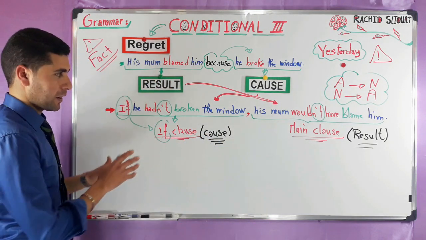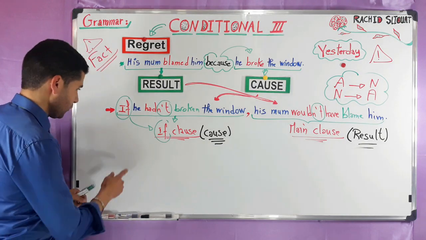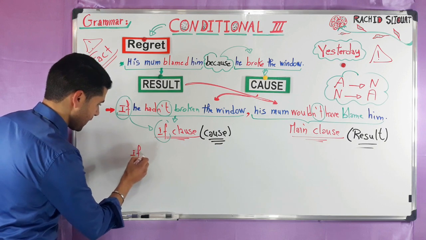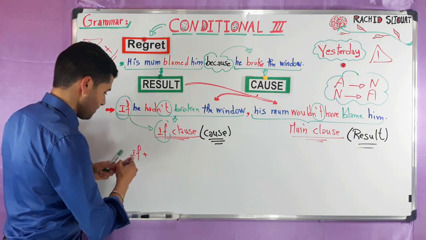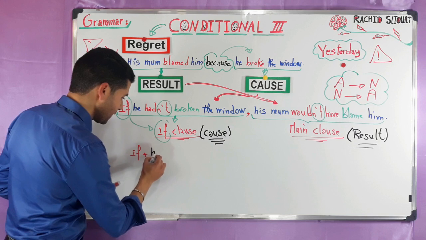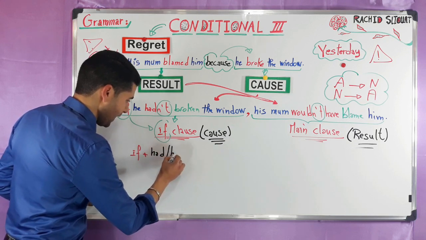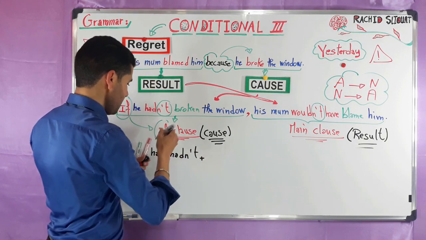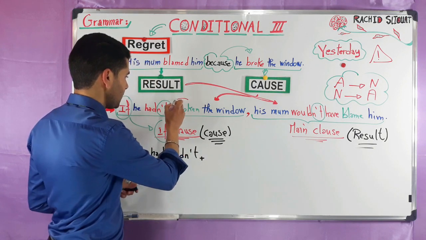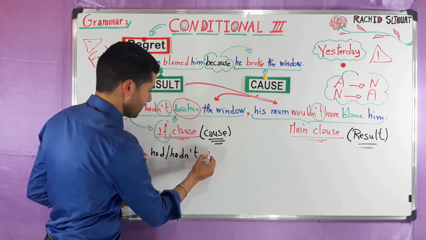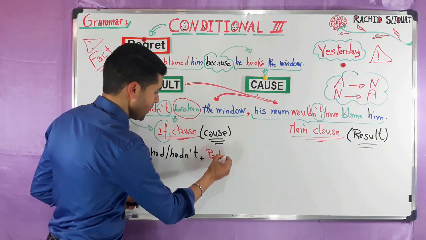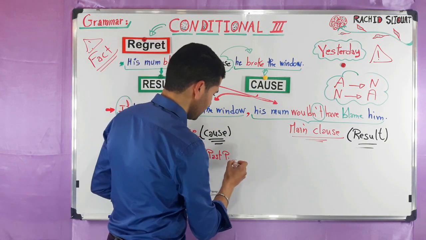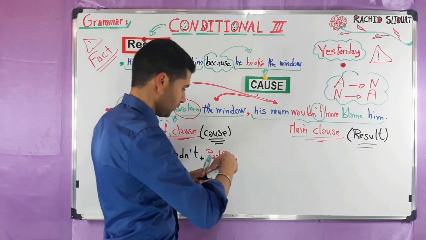Now let's look at the form of conditional 3. As you can see, we start with if, plus had or hadn't, plus the past participle of the verb. Then we have a comma. This is a very important thing to remember.